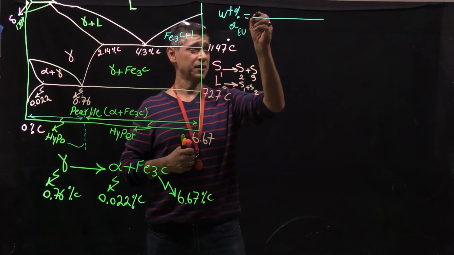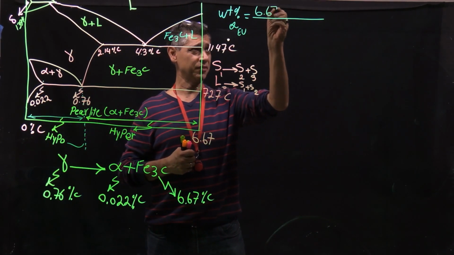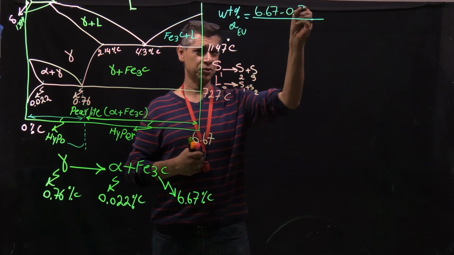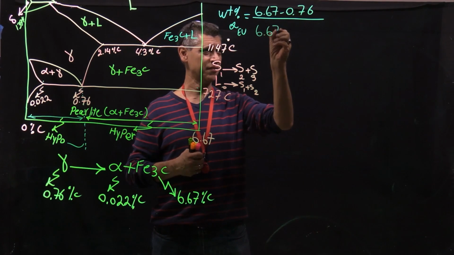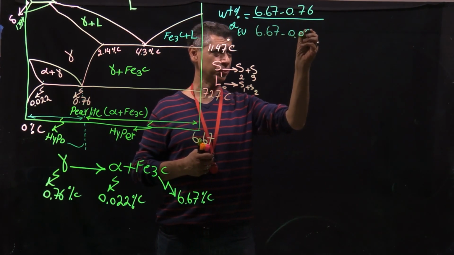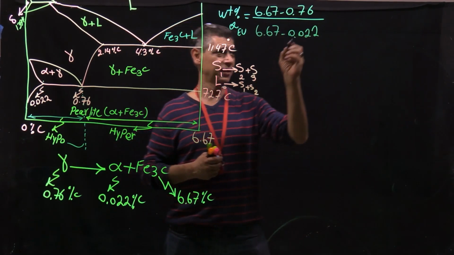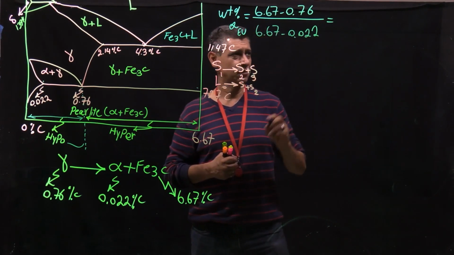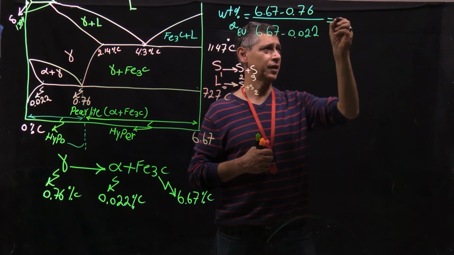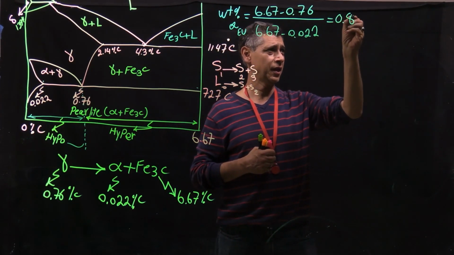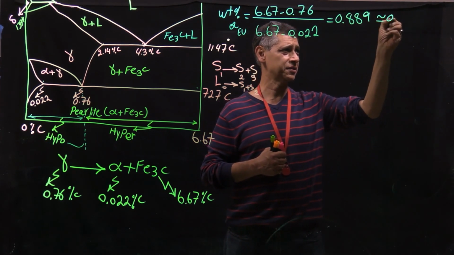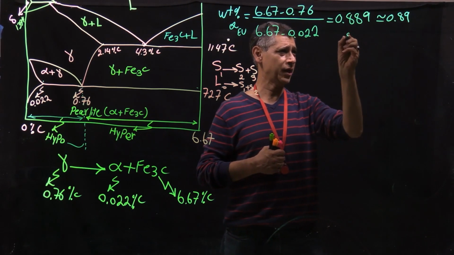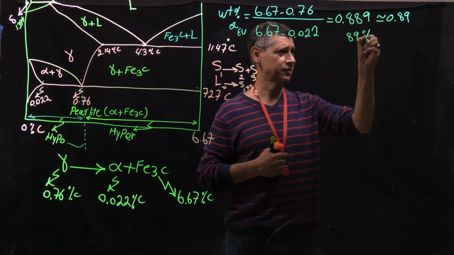So that is 6.67 minus 0.76 divided by 6.67 minus 0.022, and this value is roughly 0.889, or let's just simply say 89%.